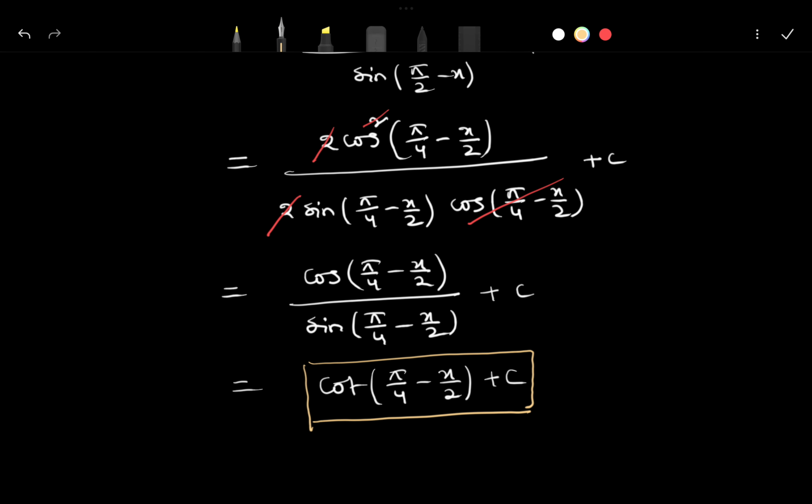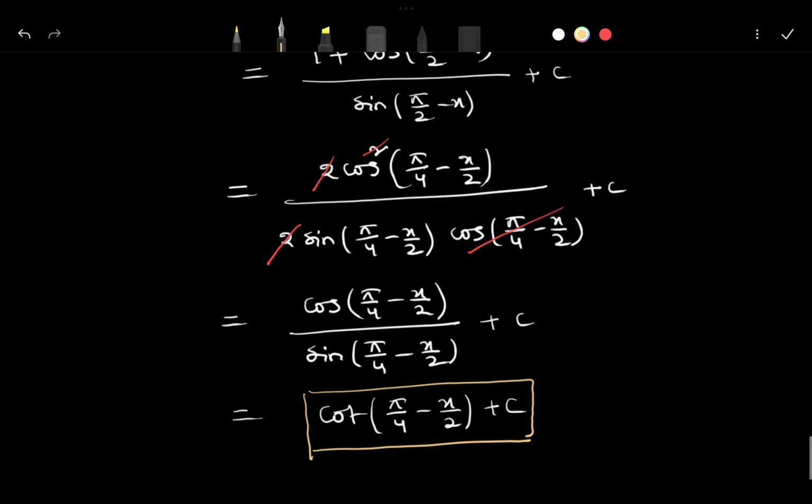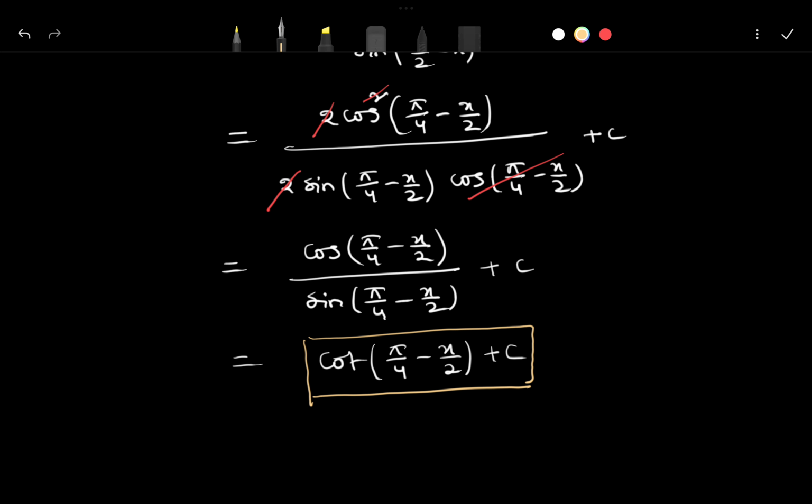The options may be in terms of cot, or in terms of the expression tan x plus secant x plus c. So you have to check that. Suppose the option is given only as tan x plus secant x plus c, there is no need for further calculation. Suppose the options are given in terms of cot of (pi by 4 minus x by 2), you have to do the further calculation.